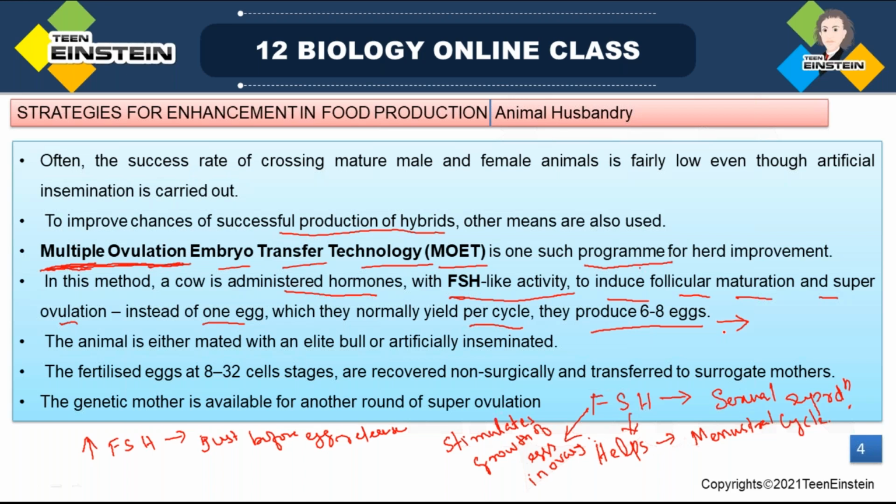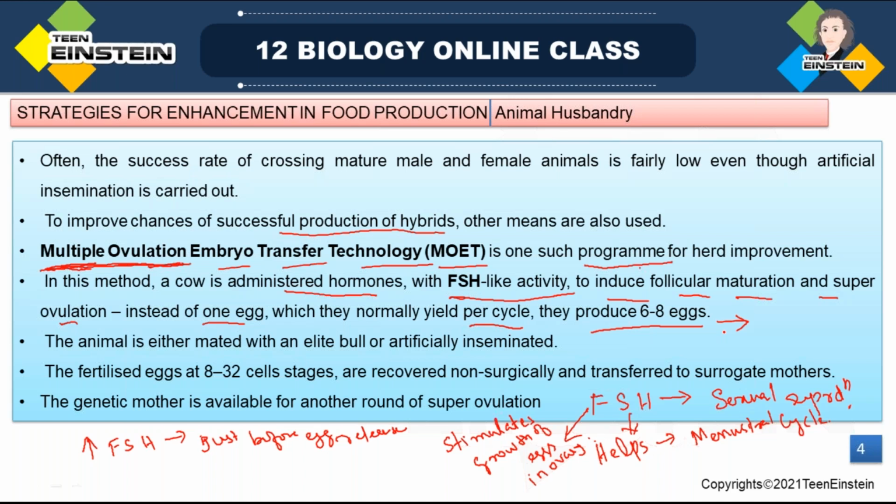So that will induce the follicular maturation and superovulation. In a normal cycle, one egg is released. Instead, when that hormone is given, it will give 6 to 8 eggs per cycle instead of one.